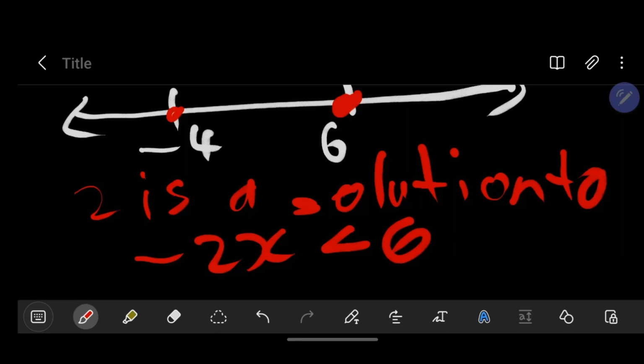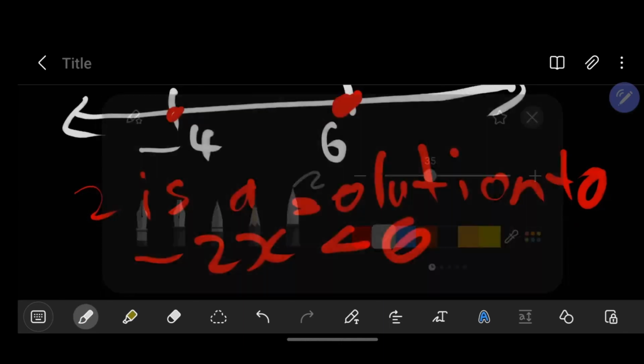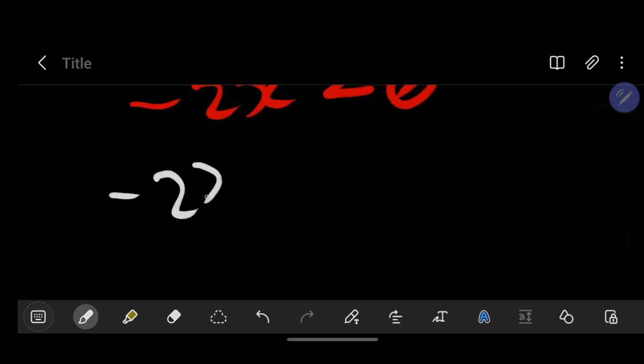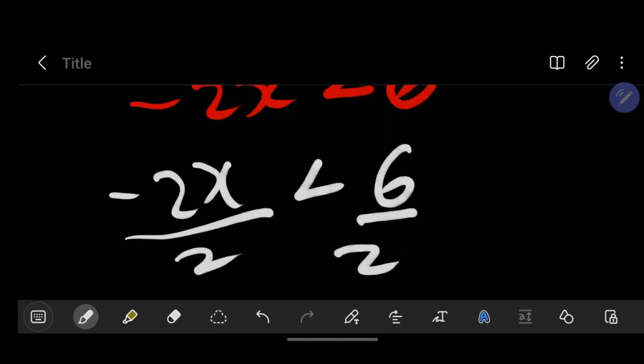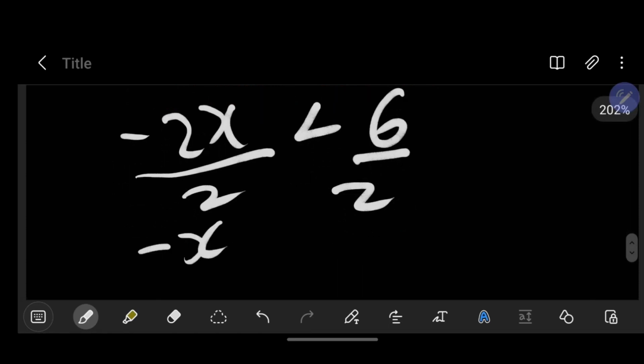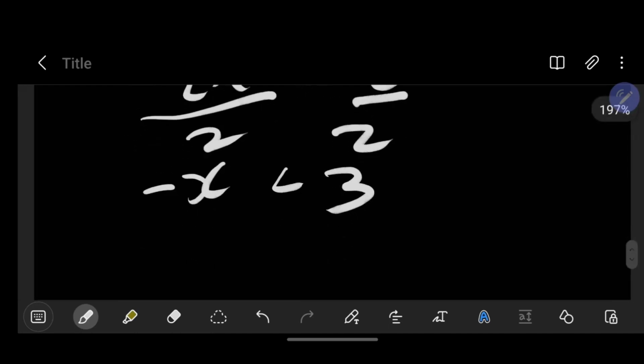However, let's take this a step further. Let's look at this where we want to solve directly for all the values of x. So let's say we have again -2x is less than 6. In order for us to solve for x, what do we need to do? We need to divide both sides by -2. Let's divide both sides by 2. We have x is less than 3, which means that if we do not change the sign, we would have x is less than negative 3.